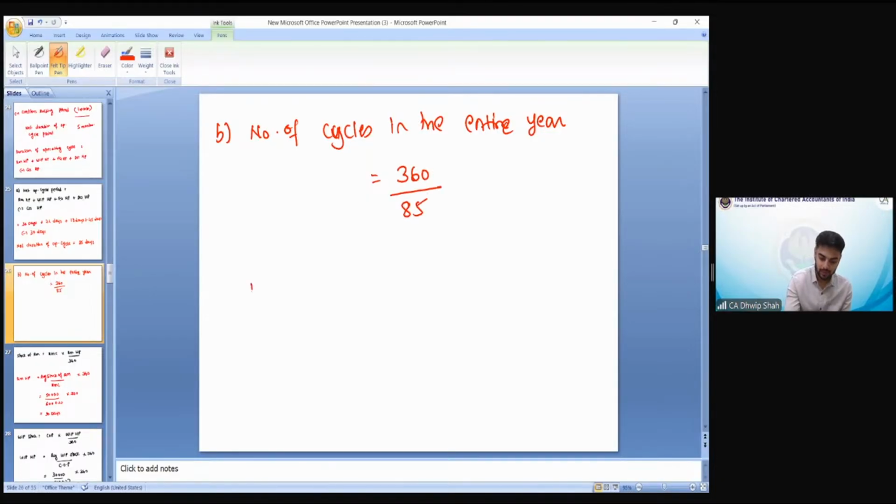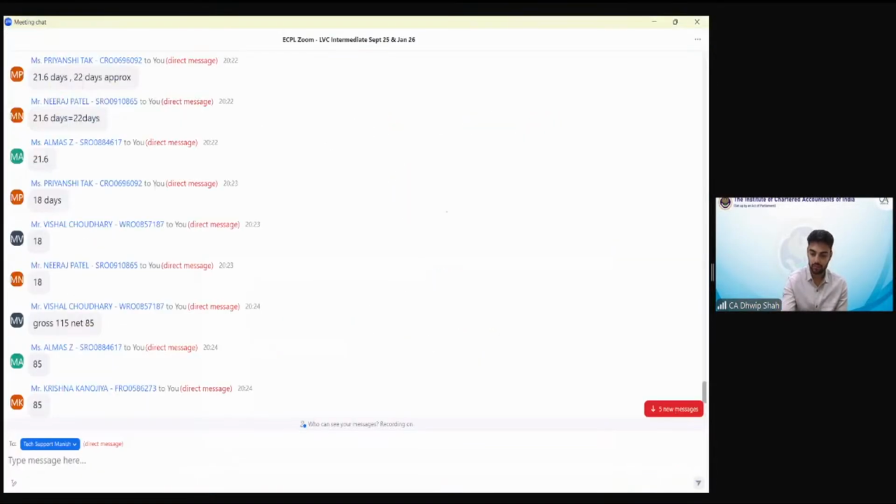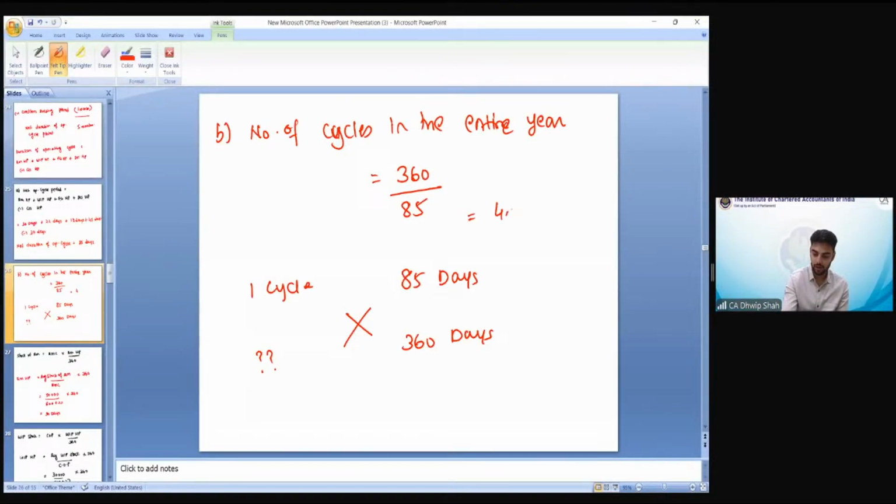Yes or no? One cycle takes 85 days. So in 360 days, how many cycles? Simple interpolation. कितना आया? 4.24 times. So 4.24 cycles. Understood?